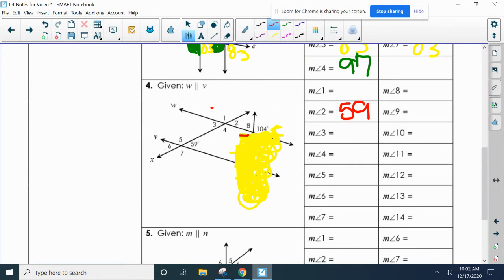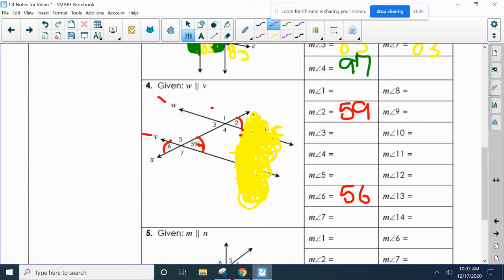Ooh, we don't want to look at that yet. Don't show us that. It's going to scare us. So vertical angles. So 6 is 59. We said this 59 and 2 are both top of their line and on the right side of the transversal, so top right.